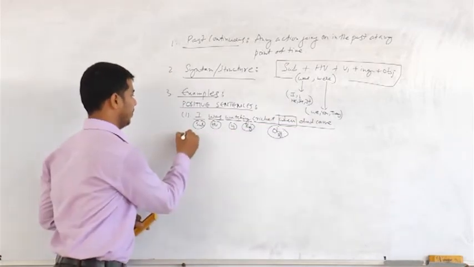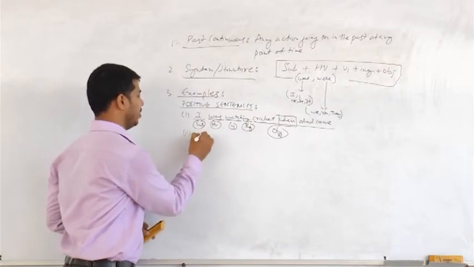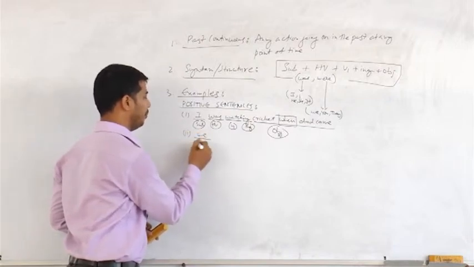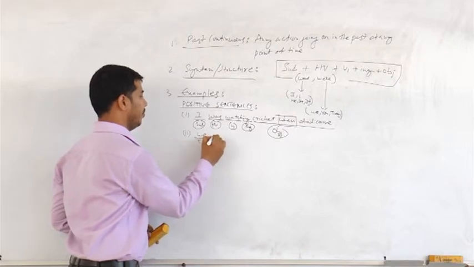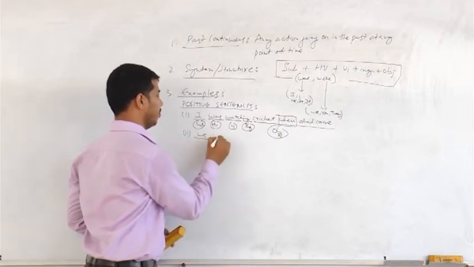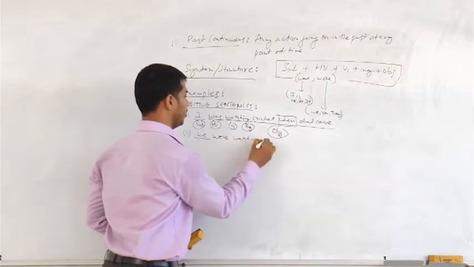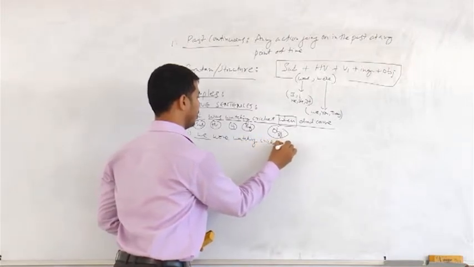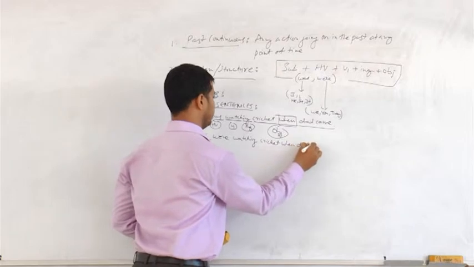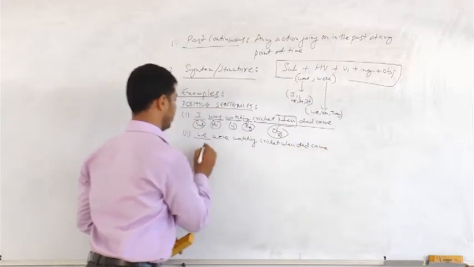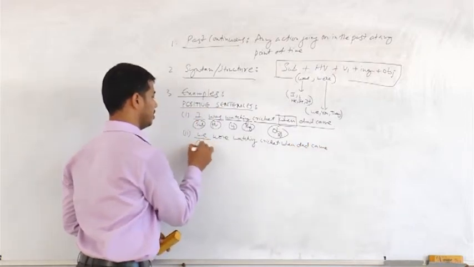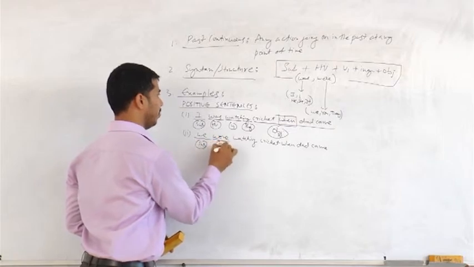Now let us see with the personal pronoun we, plural of I. We were watching cricket when dad came. We is the subject, were is the helping verb.